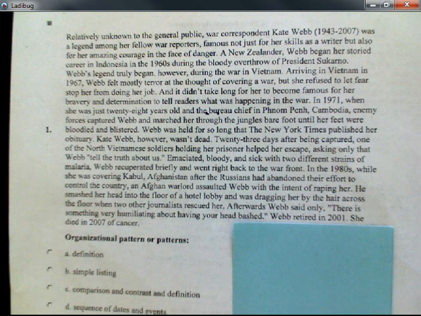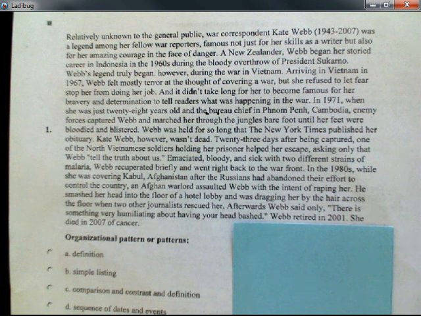Ashley, what is the main idea of this paragraph? Just main idea. What's it about? It's about Kate Webb, and what about Kate Webb? It's about her job. Okay, her career. So that's the main idea. Now we need to look at how it's organized, the organizational pattern.